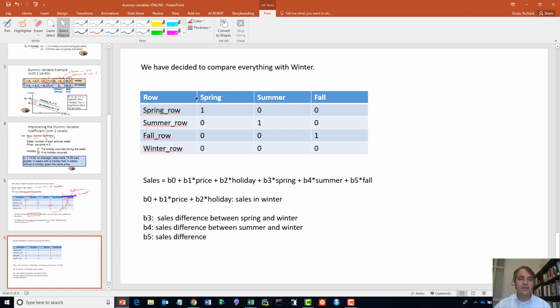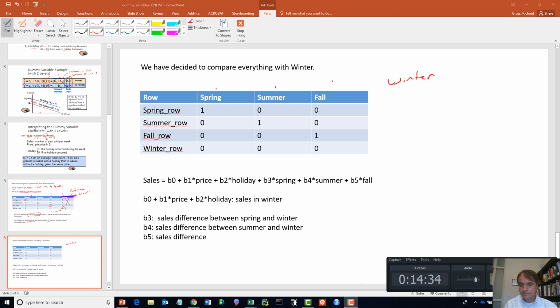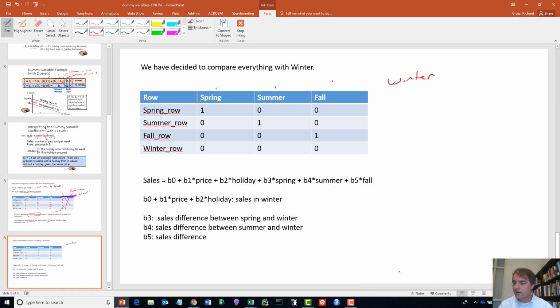Now we've only got three new variables, and we've designated winter as our reference level. Notice that this still gives us what we want, because we can tell what season a row fell into simply by the values that are here.